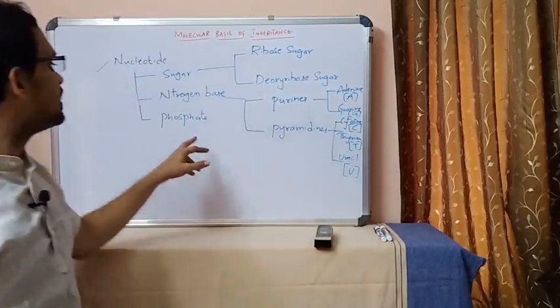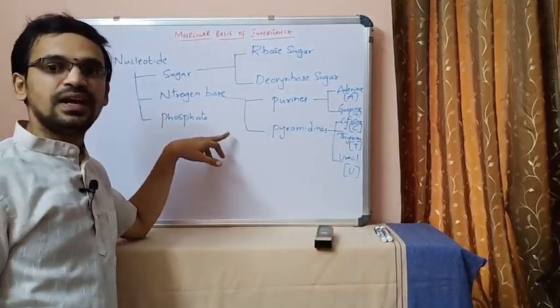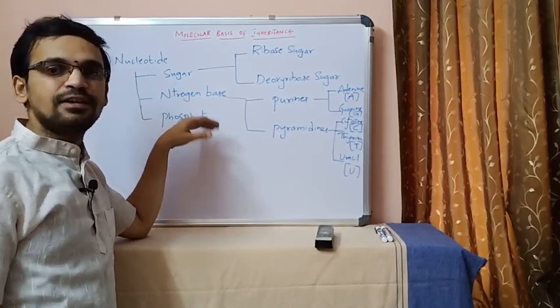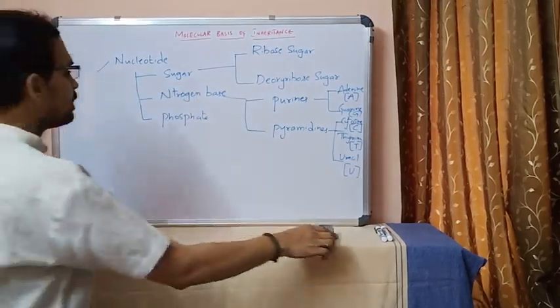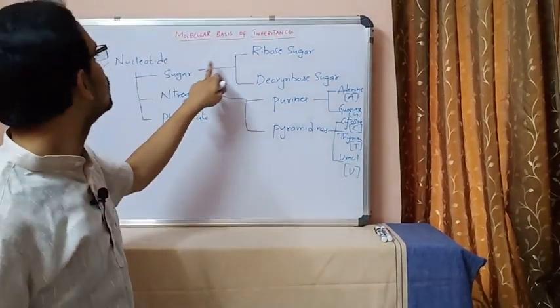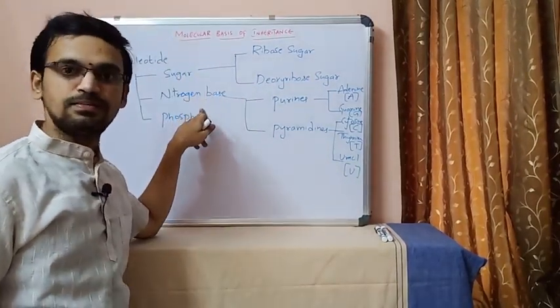Now, phosphate is present in both DNA and RNA. So there is no difference regarding phosphate in case of DNA and RNA. Now, we are going to study the structures of sugars and nitrogen bases.